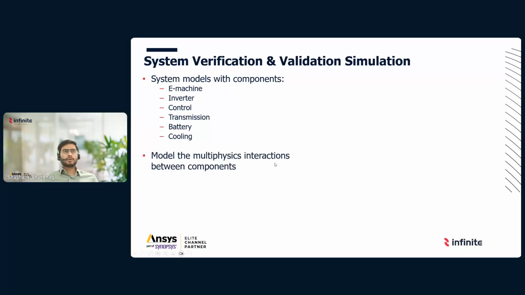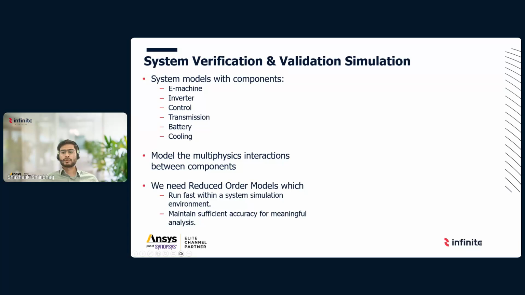We model those multiphysics interactions between the components, and for that we need reduced order models, which run fast within the system simulation environment where we have multiple components, and we need to make sure that we maintain sufficient accuracy for meaningful results.